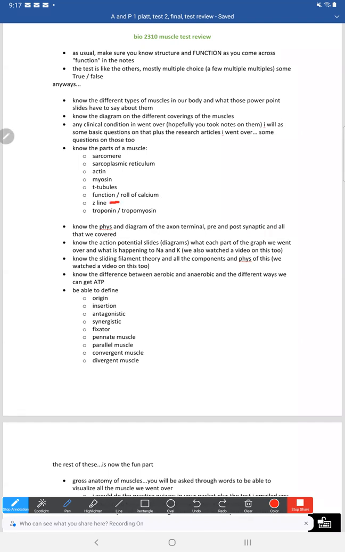Okay, and what is the Z-line? Okay, and that is within the sarcomere. There's boundaries within the sarcomere. And this would be tough to know what a Z-line is just by looking at this, meaning reading it off of this notes. You'd have to look at a picture. Okay, a picture paints 1,000 words.